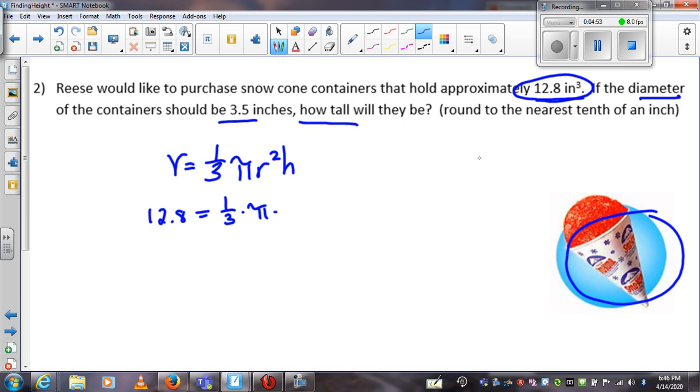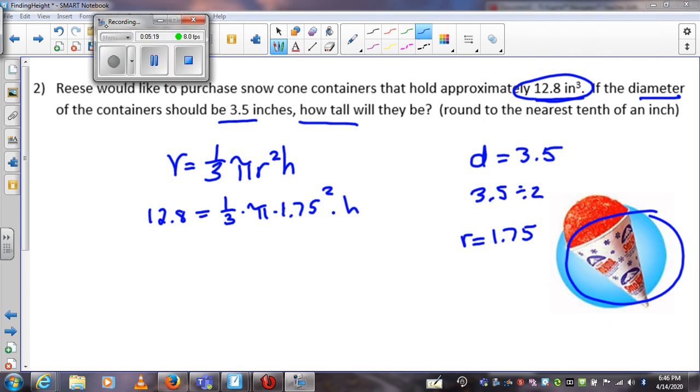It says the diameter is 3.5. So to get the radius, I have to divide 3.5 by 2. I get 1.75, and you can double check my work there. So this is 1.75 squared times h.